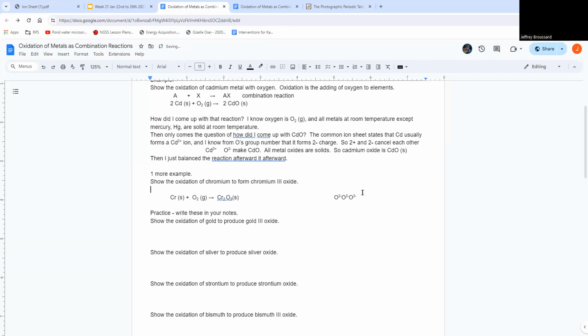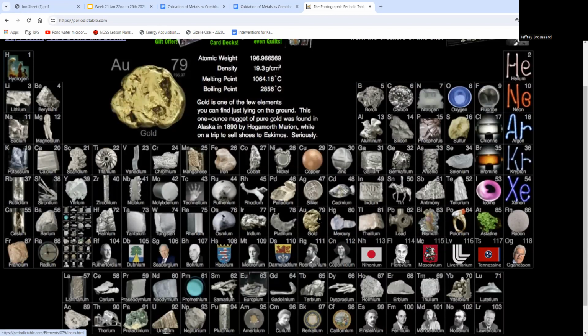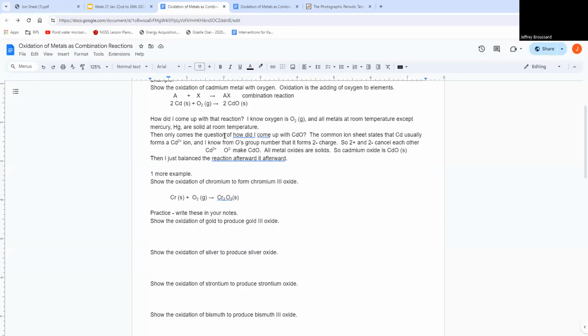Now, since I'm making this as an instructional video, I guess I should go ahead and do some more problems with you. Okay. So this one says show the oxidation of gold. Here's gold 3 oxide. Where are you going to start with this? Go to the periodic table. I know that that's going to be a solid.